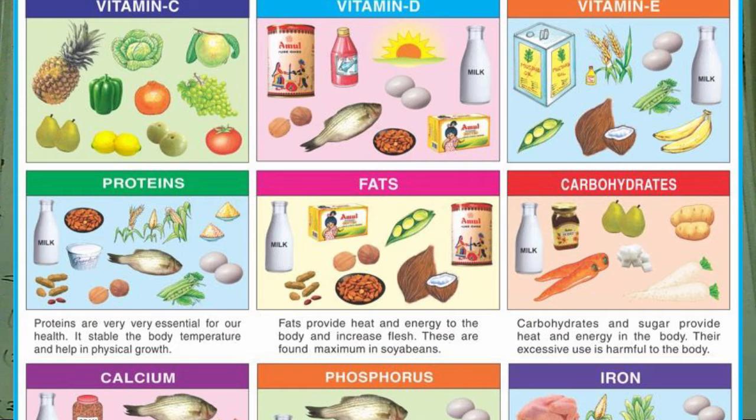Now about the carbohydrates, I will tell you about the fat substances also, the food items that contain fats, and there are many, like we know milk products like ghee, milk, butter, cream, it contains fat.